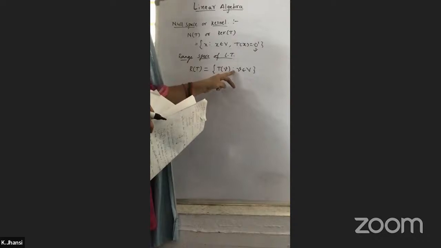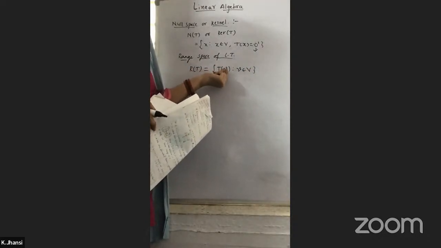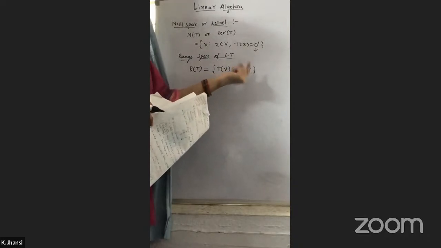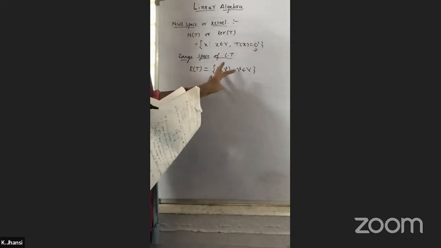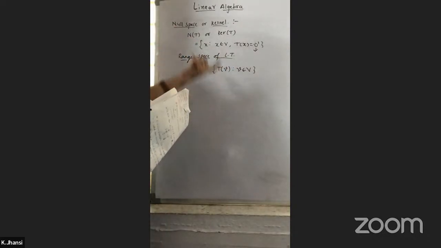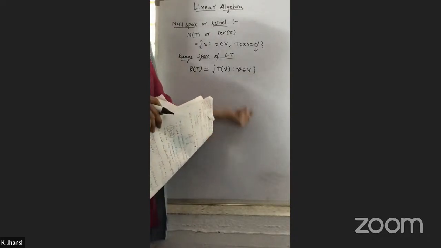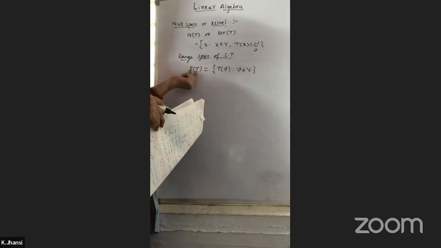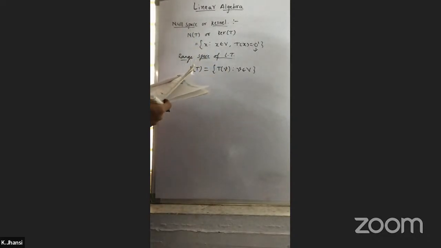T of V such that V belongs to V. So this V is one of the vectors of capital V. Okay. From the vector space set you take one element which is known as small v. So T of V, whatever the elements are there in the range set. Just now we have seen domain and codomain. So whatever the elements are there which are having the mapping, those elements are called the range space of linear transformation. Okay.